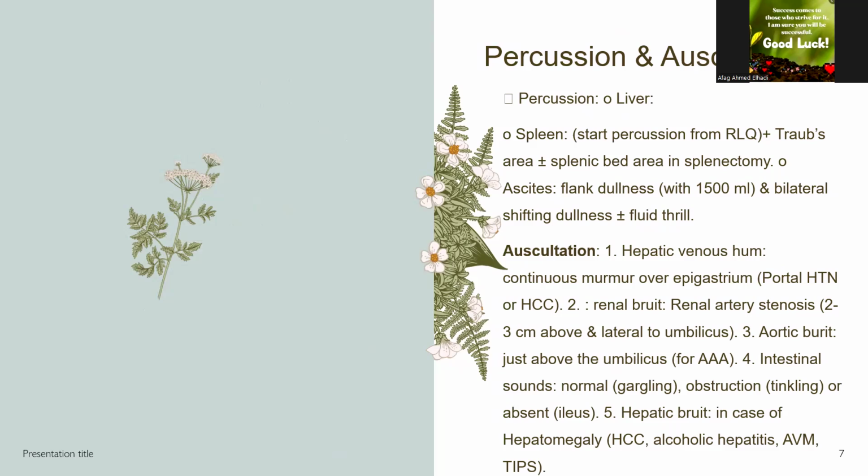So we start from the umbilicus going laterally, and then ask the patient to lean onto the other side and go backward again, checking for shifting dullness. And as I mentioned, please watch videos for maneuvers, but be mindful of organomegaly.